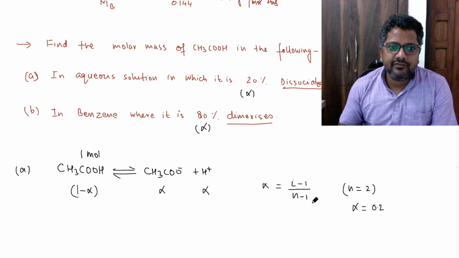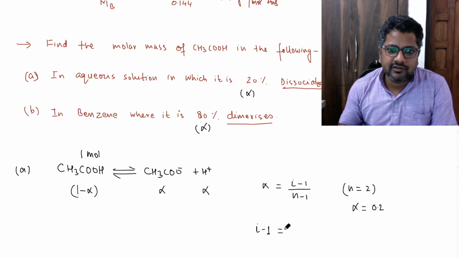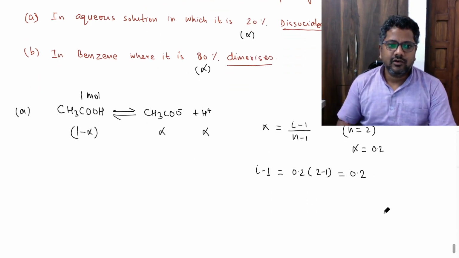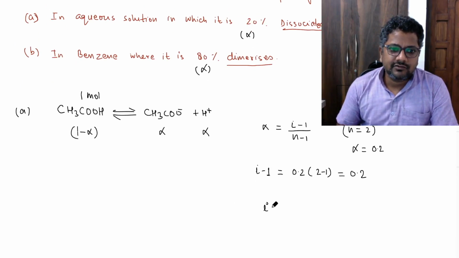So from here we can calculate i. So i minus 1 is equal to 0.2 into 2 minus 1, so this is equal to 0.2, right? Clear? Okay, so i is equal to 1.2.